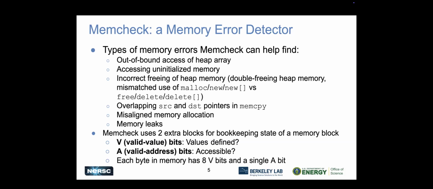And the second one is the A-bit. This is to check whether the address is valid. Are you trying to free a memory block that was freed before, for instance? Each byte in memory has 8 V bits, that is 1 byte, so a 1-to-1 correspondence here, and a single A bit.